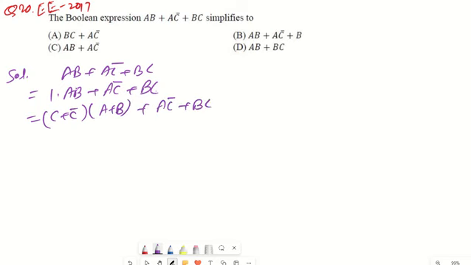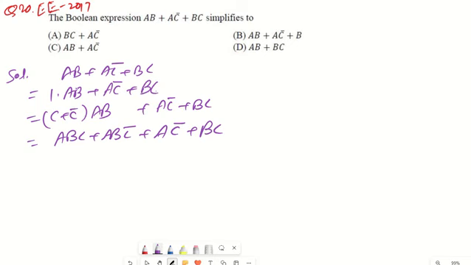Then if we multiply this, sorry, here it is not plus, here it is multiplication. So there it was just AB. Now if I multiply AB, it is going to be ABC plus ABC bar plus AC bar plus BC.